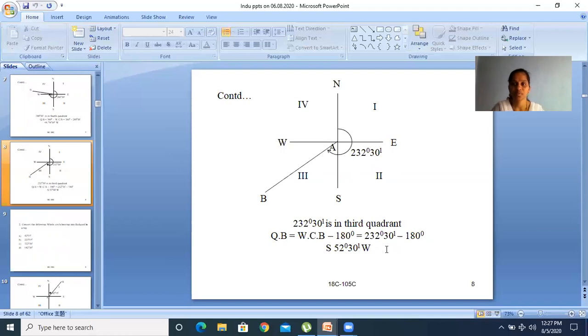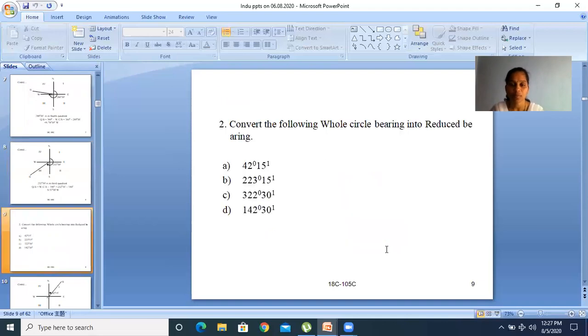Then we will go for another sum. Convert the following whole circle bearings into reduced bearings, that is quadrantal bearings. They have given 42 degrees 15 minutes, 223 degrees 15 minutes, 322 degrees 30 minutes, 142 degrees 30 minutes.